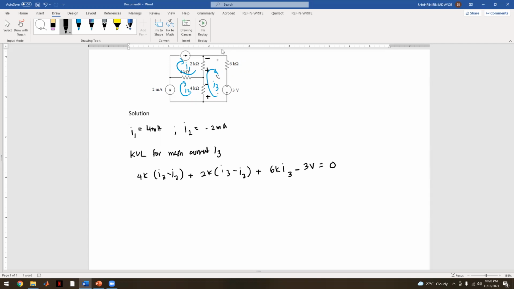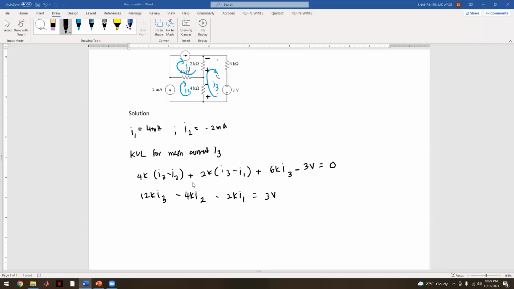Then we can arrange this one. We simplify this equation, so we obtain 12K I3 minus 4K I2 minus 2K I1 equals 3 volt.